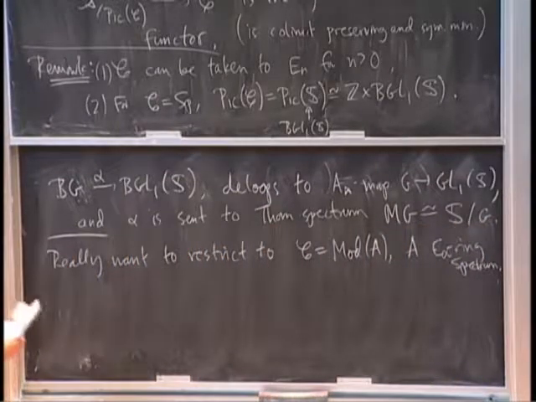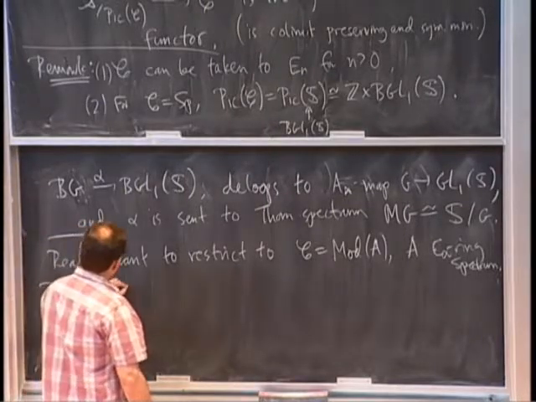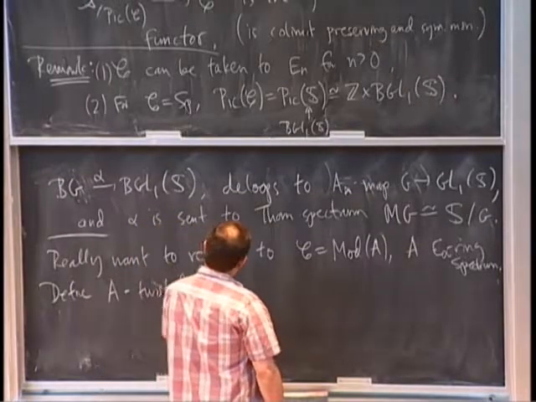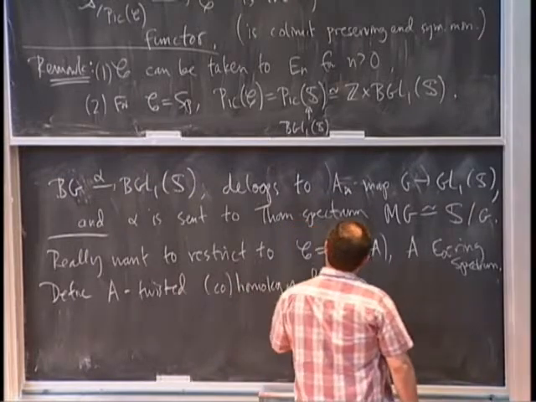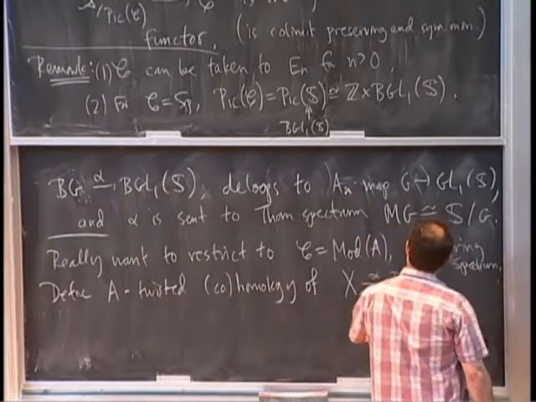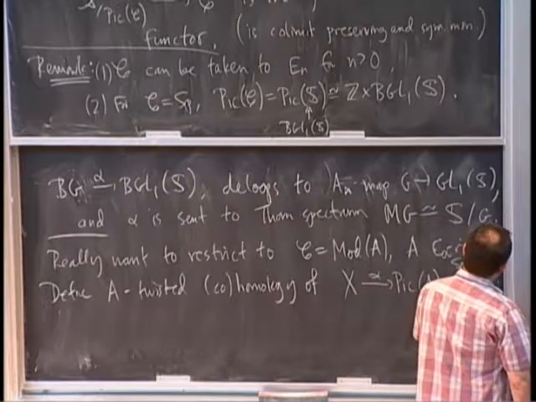And, well, I can define the A twisted cohomology of some space X equipped with a map to Pic of A as follows.